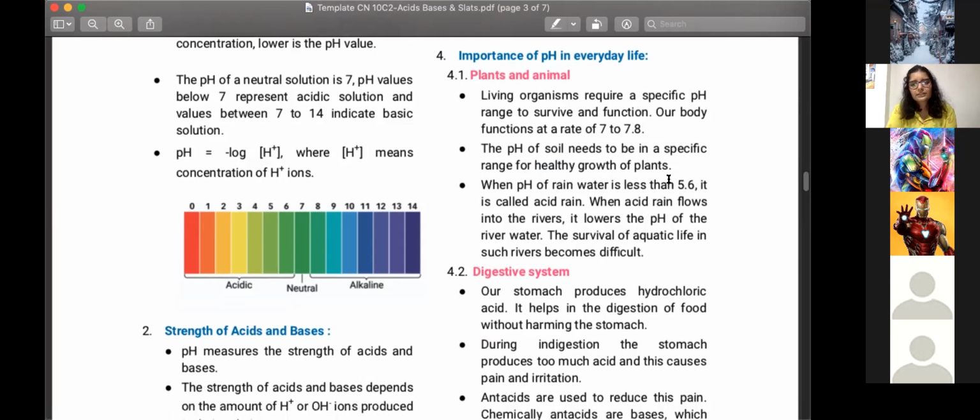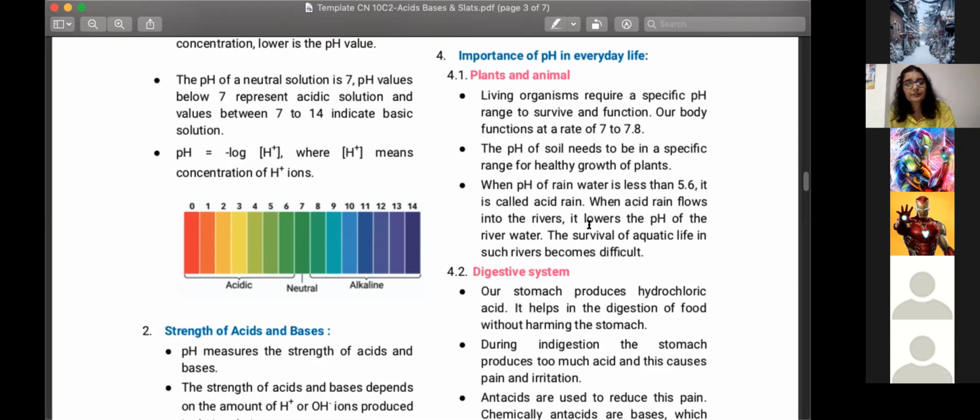The pH of rainwater is less than 5.6. Acid rain: you have studied non-metal oxides, when carbon dioxide, sulfur dioxide and nitrogen dioxide mix with water, they form acids, and when that falls down, it's called acid rain. That's the reason your parents, at the start of the rainy season, say do not get wet in the first 2-3 rains of the season, because that is impure, that's acid rain.